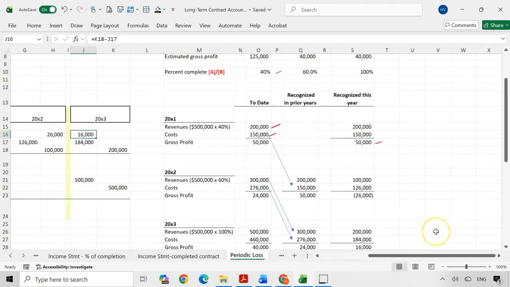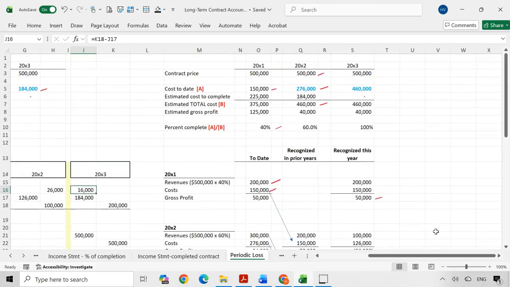So why am I going over this in a separate video? This is called a periodic loss, where over the term of a long-term contract, the expected gross profit for the contract each year is still expected to be profitable.